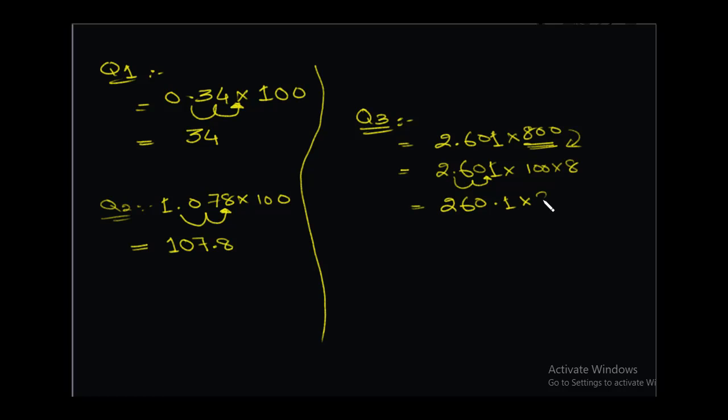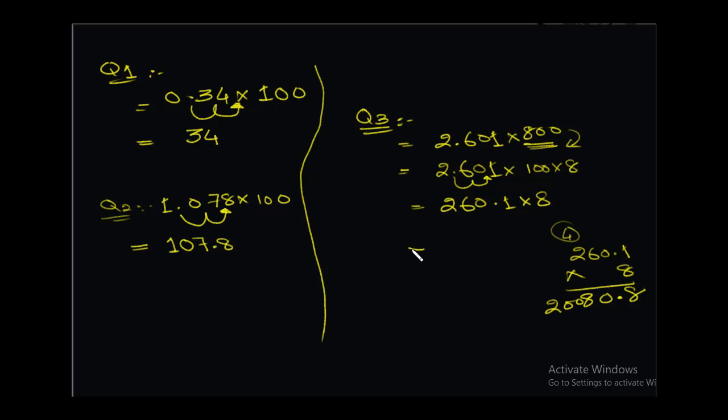260.1 multiplied by 8. Next we multiply 260.1 with 8. So 8 ones are 8, 8 point here, 8 zeros are 0, 8 sixes are 48, 4 carry, 8 twos are 16, 16 plus 4 is 20.